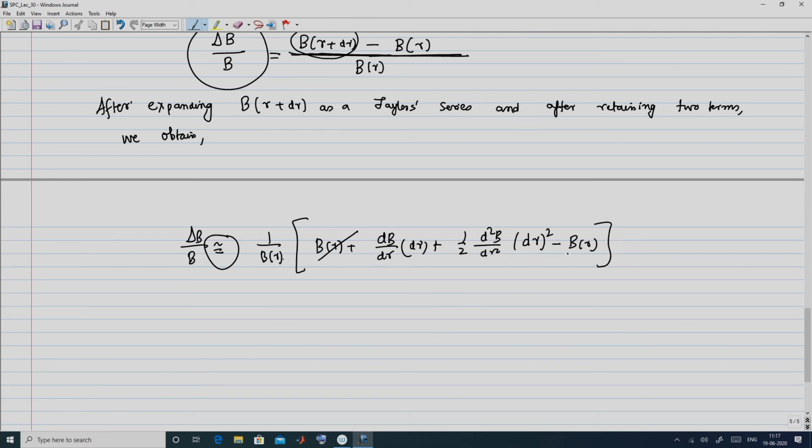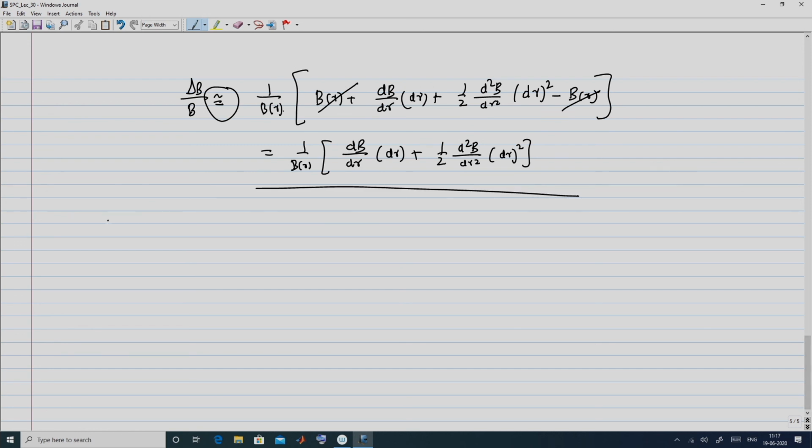So, the B of R terms cancel out, and we get 1 over B of R into dB/dr multiplied by dr plus half d square B/dr square into dr whole square.